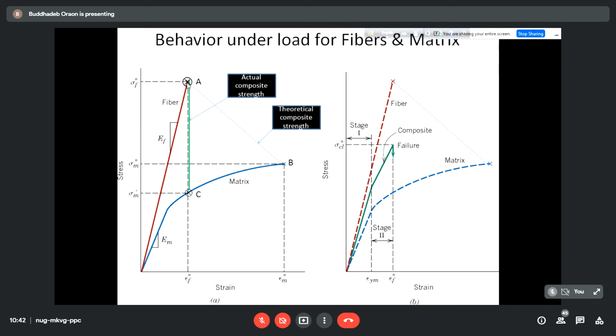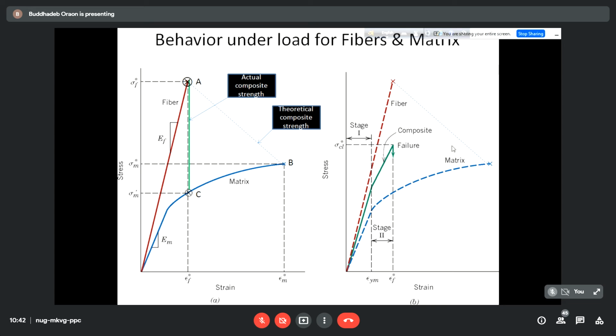And as I have already told you, theoretically we will get a value of composite strength on this line, which will not be the actual design stress. So this is a point to be noted.